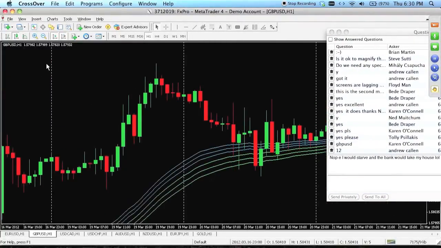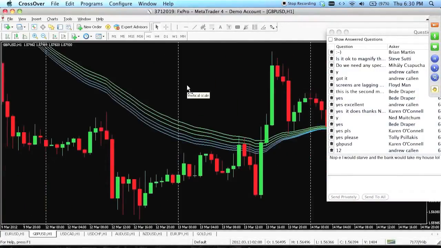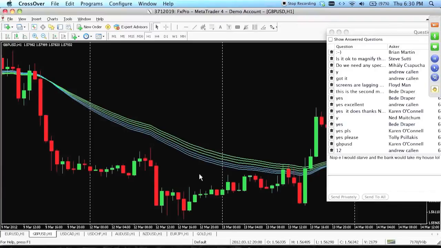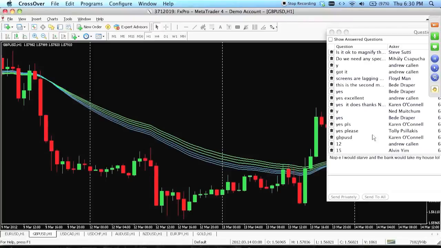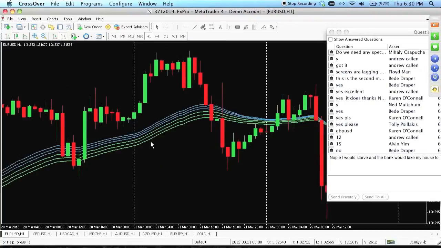Okay, let's go to March 12th. March 12th is here. Any trades on March 12th for pound? No. Okay, very good. Let's take a look at Euro USD on March 12th.